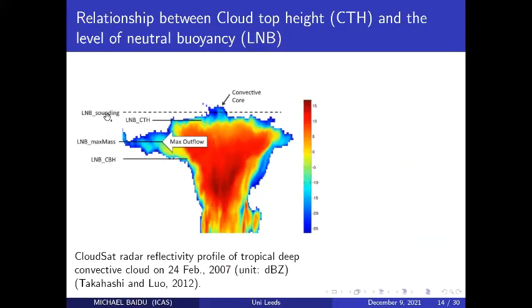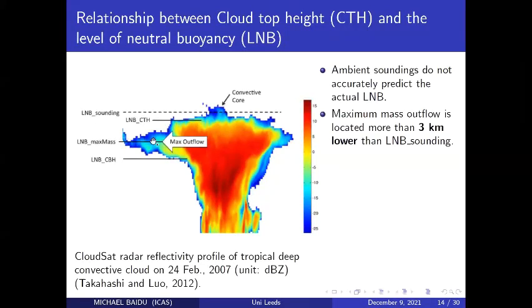The level of neutral buoyancy obtained from sounding is supposed to be theoretically where you would expect the top of the clouds to be. But he realized that in reality, the level of mass outflow happens to be about 3 kilometers lower than the theoretical level where you would expect it to be.